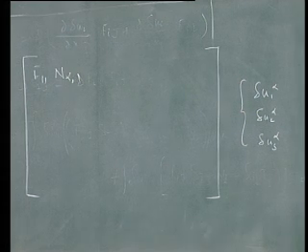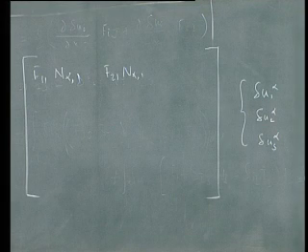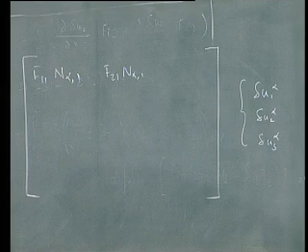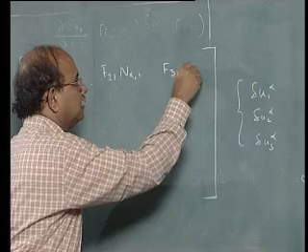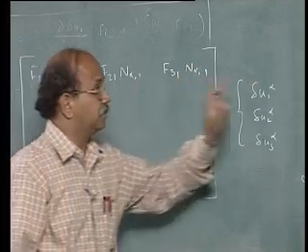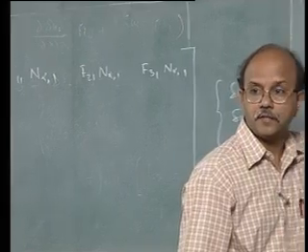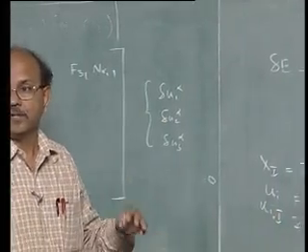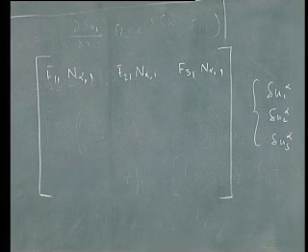Then the second term will be f21 n alpha comma 1, and the third term will be f31 n alpha comma 1. That's the first entry here, right? Is this clear? That's the first entry. So you can imagine how big it is. Now the fourth entry is going to be still bigger.